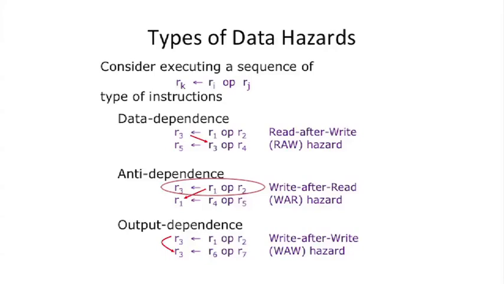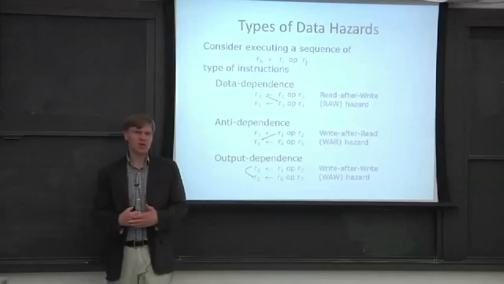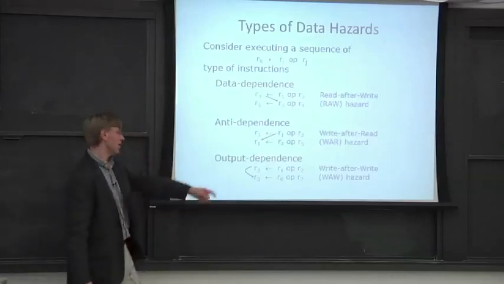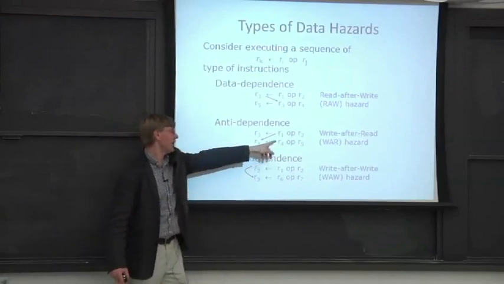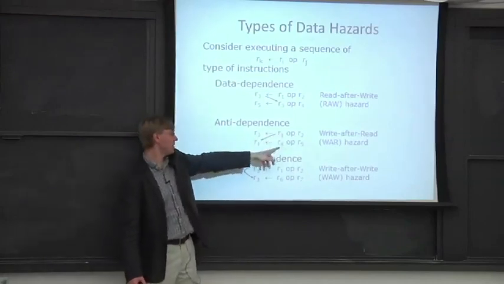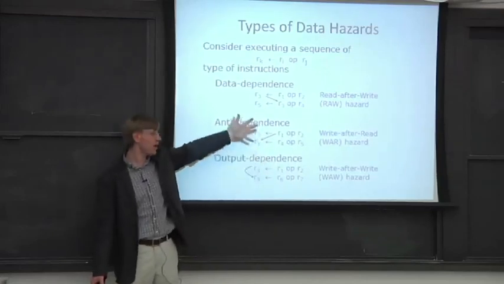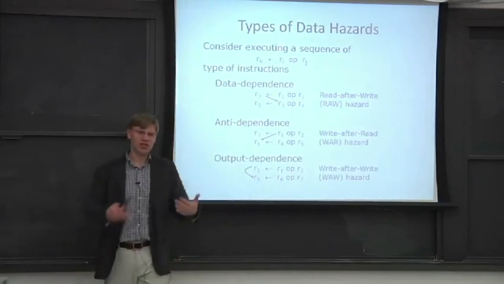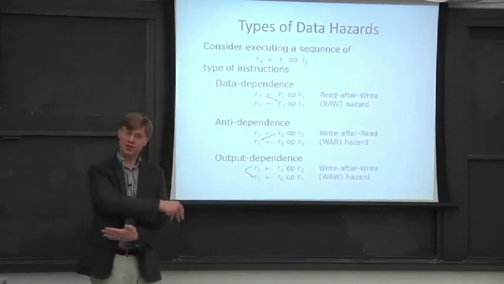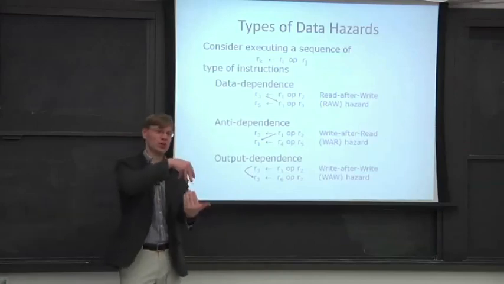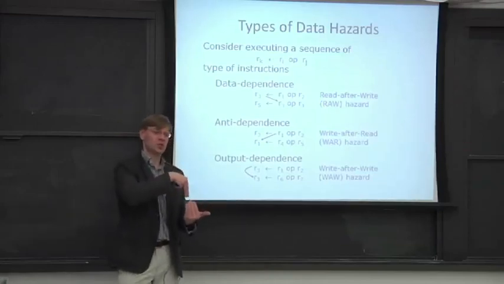If you do everything in order, and your instructions are just slowly flowing down the pipe, executing one instruction at a time, you're going to read register 1 here, and then a whole lot of time later, you're going to write register 1, so nothing bad happens. But if you start to execute instructions out of order, or multiple instructions at the same time, you can start to run into problems.